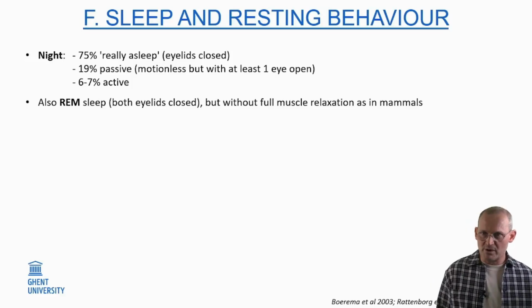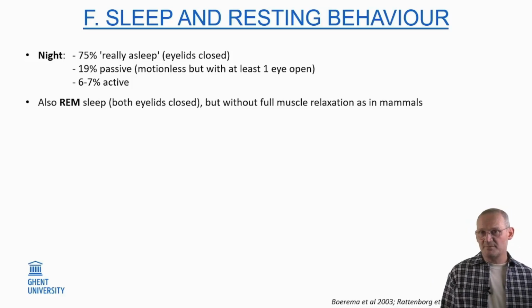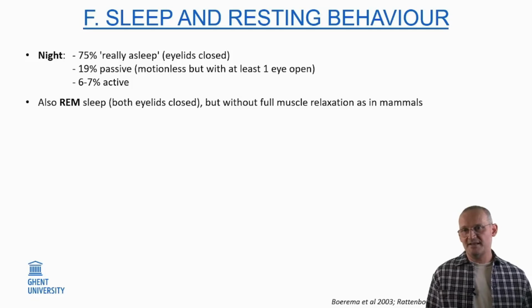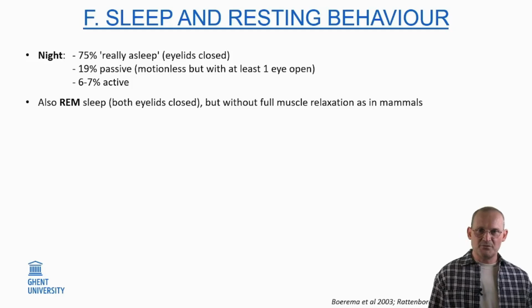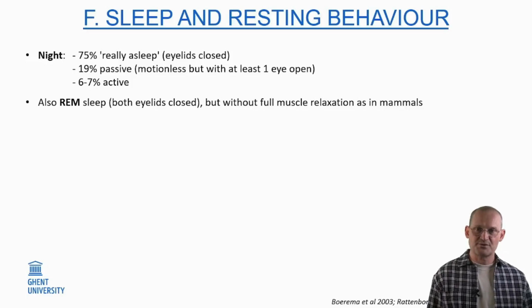They also show REM sleep, so dream sleep, and when they do REM sleep, it's always with both eyelids closed. But we don't see the same kind of full muscle relaxation during REM sleep as we see in mammals.